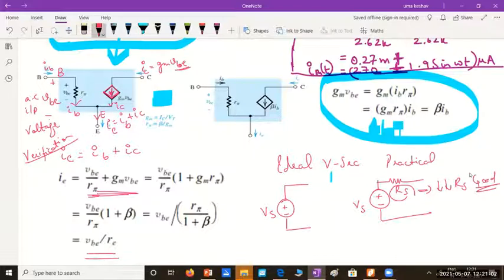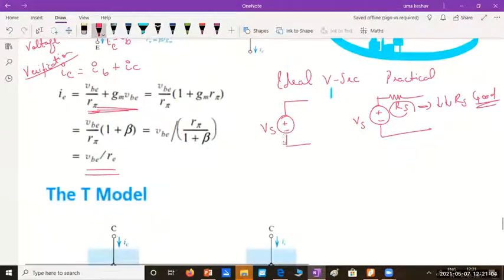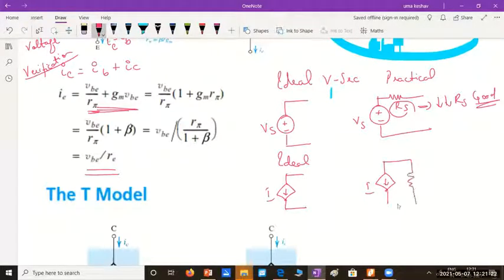Similarly, what happens in an ideal current source? An ideal current source, we can just represent as a current without any impedance. But a practical current source will always have some impedance in parallel, impedance or resistance.